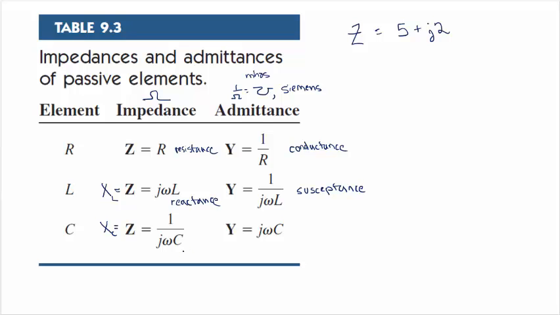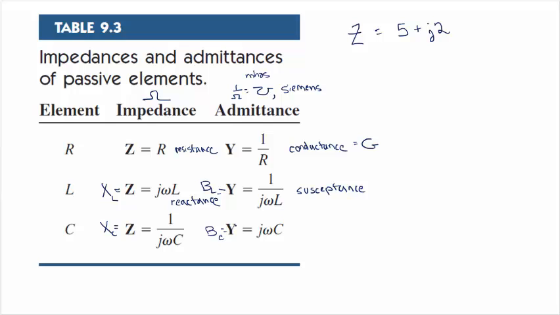Here, X C is capacitive reactance, and susceptance is given the symbol B, B sub L, B sub C, and conductance is a G. So it's a little bit confusing.